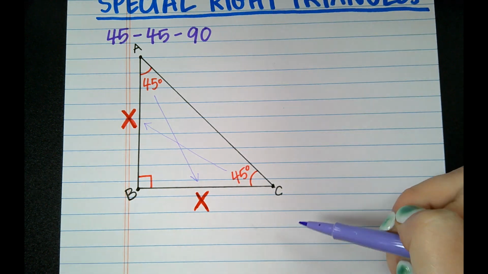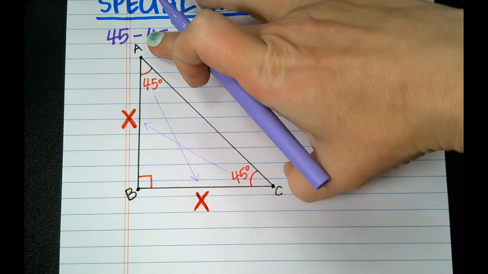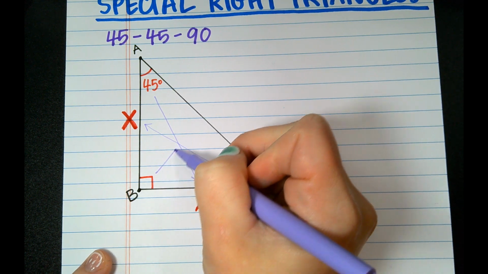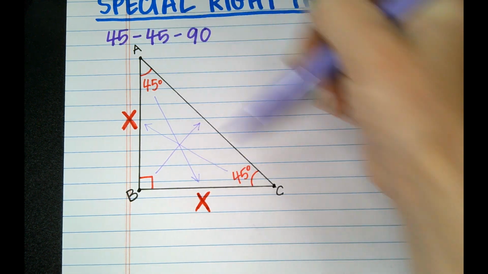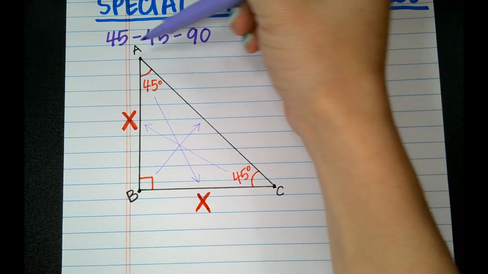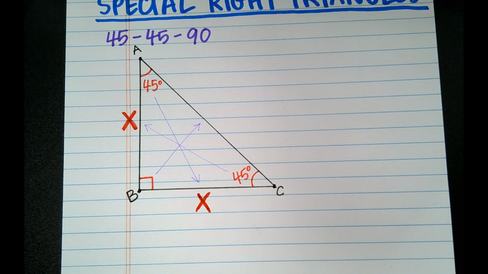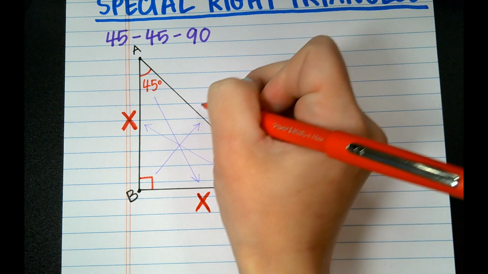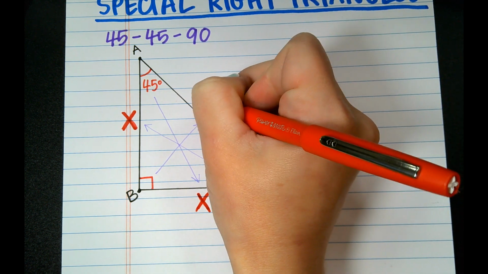Now, A to C, the longest side, notice it's across from the biggest angle, the 90-degree angle. A to C, what is this side length measured as? X radical 2. Good. And again, that will never change.